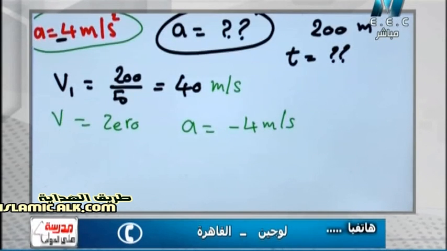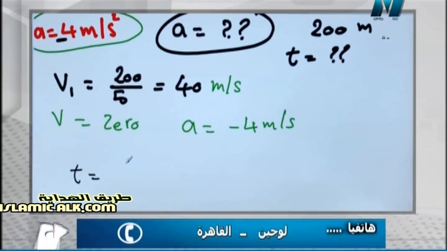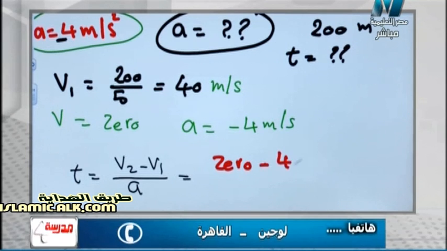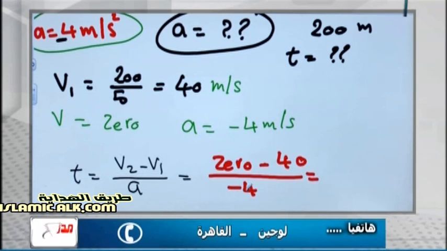By using the magic triangle we know time equals V2 minus V1 divided by acceleration. V2 equals 0, minus V1, which is 40, over acceleration, negative 4. So negative 40 over negative 4 equals 10. 10 what? Seconds. 10 seconds.